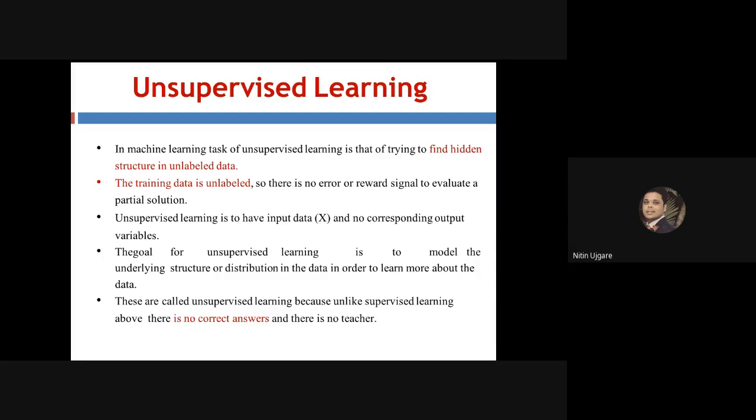So how do we find out this underlying structure or distribution? Based on the similarity and dissimilarity amongst the input instances, we create clusters or groups of the given input instances. If I'm using similarity as a measure to create the groups, then in one group all the input instances will be of the same type.